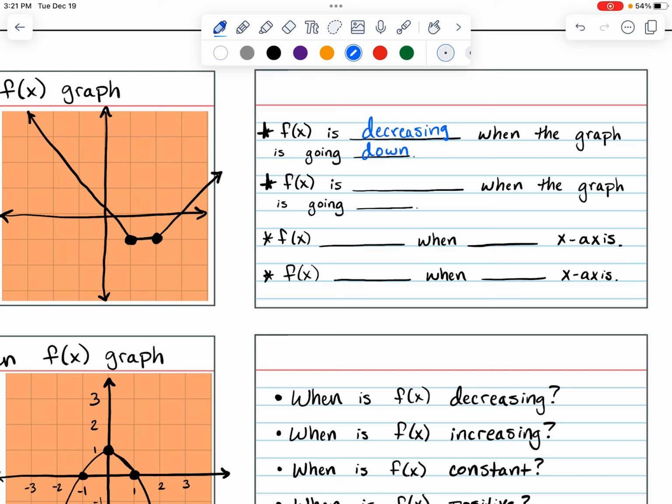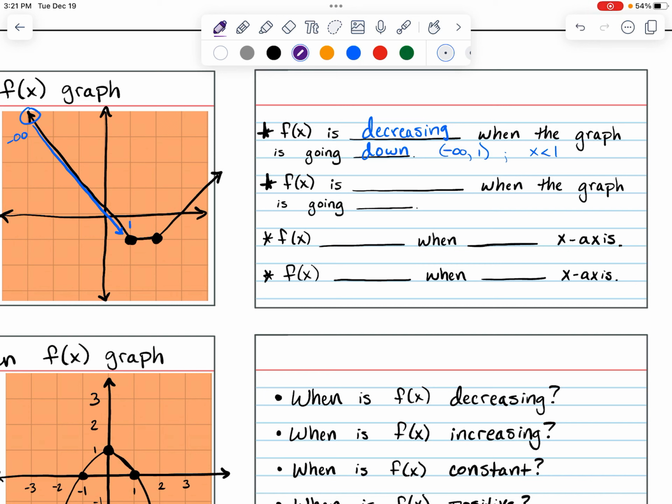So for us here on this graph, the graph is going down from left to right. All right, from the interval starting at negative infinity because of this arrow, and we're going all the way up until the value of x equals 1. So we're going from negative infinity until 1. Okay, we might also say that f of x is decreasing when x is less than 1.